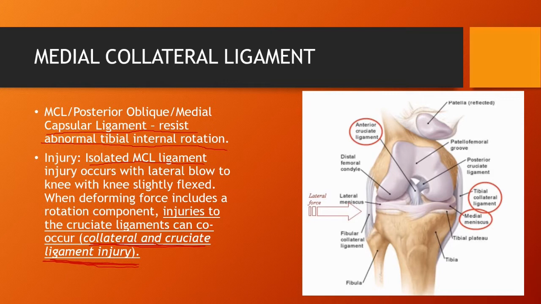So I'm sure you've seen in the literature references to the mechanism of injury referred to as the unhappy triad. And with the unhappy triad, we typically see a football player who's pivoting on a planted foot when he has a laterally directed force, a valgus force imposed upon the knee while the knee is slightly flexed and planted, and that results in injury to the entirety of the medial ligamentous complex, which then causes an injury to the medial meniscus because of the meniscofemoral and meniscotibial attachments of the deep medial collateral ligament, and then typically also involves injury to the anterior cruciate ligament.